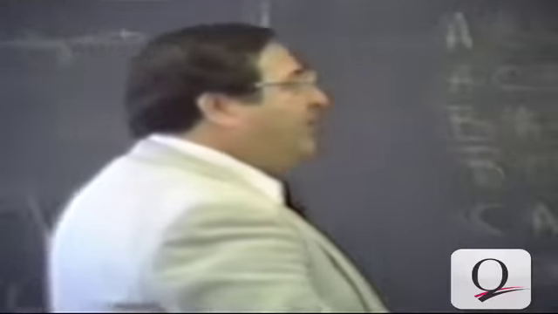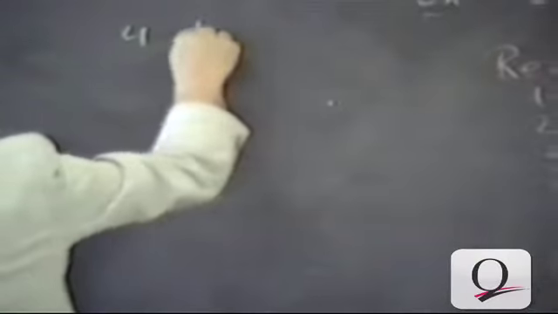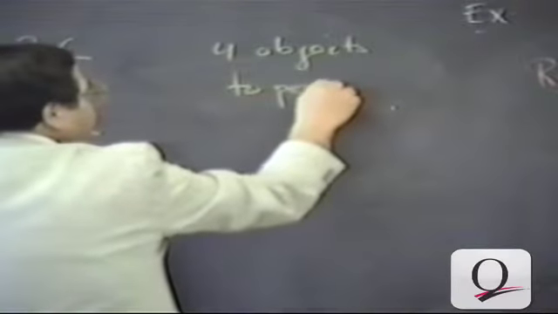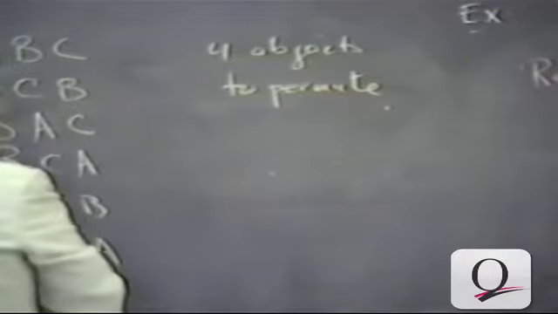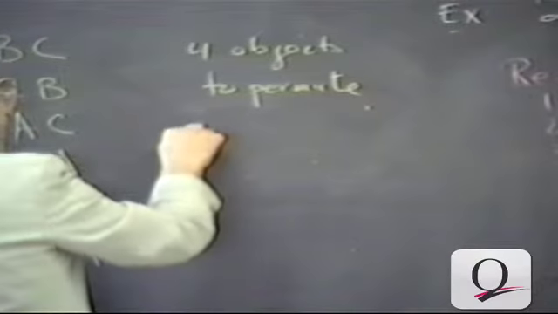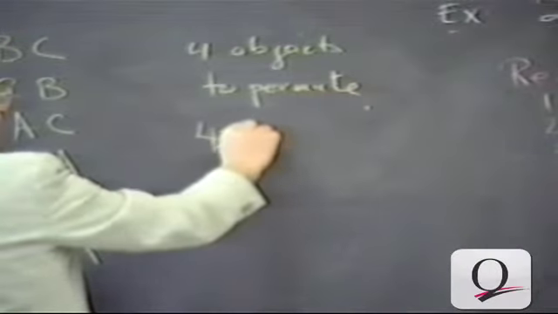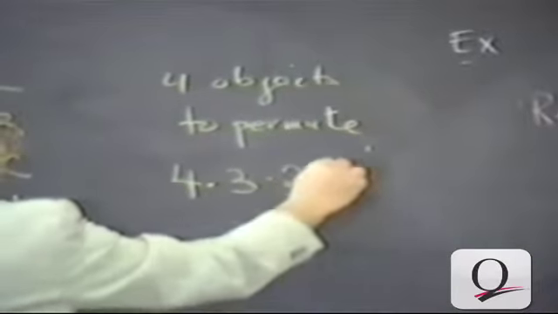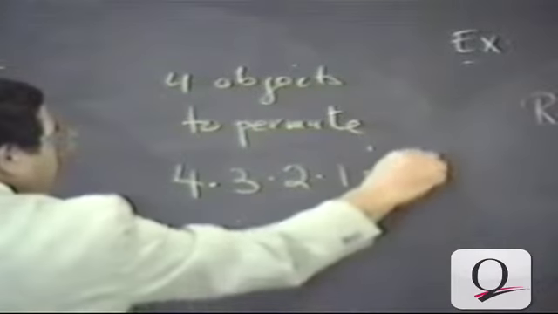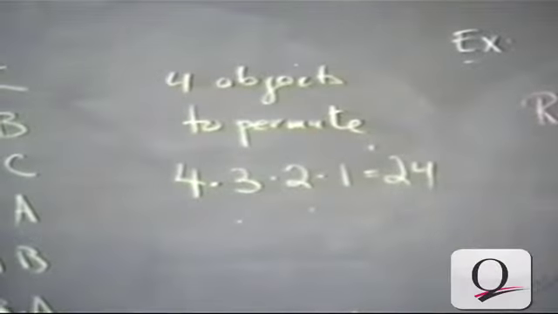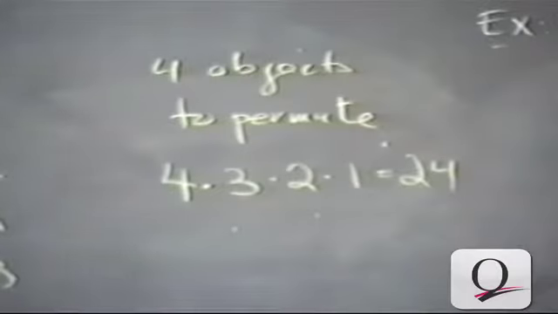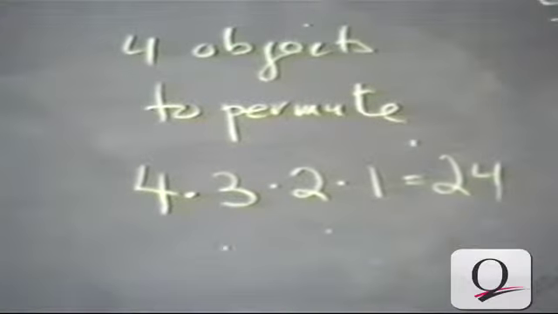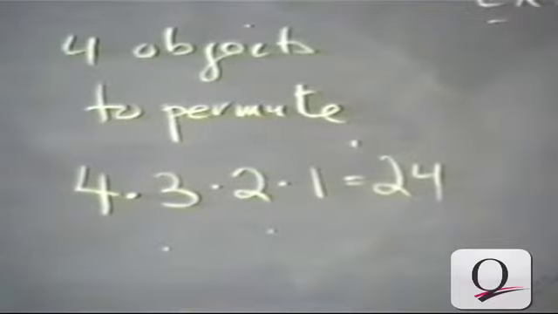If I had 4 objects to permute, my first choice 4 ways, my second choice 3 ways, next choice 2, and next choice 1, 24. And this would go on for any number of distinct objects.